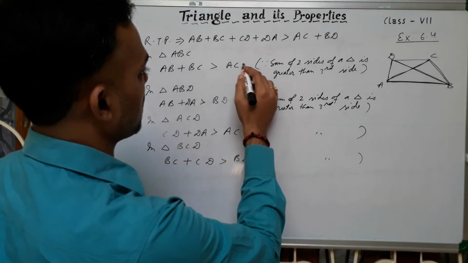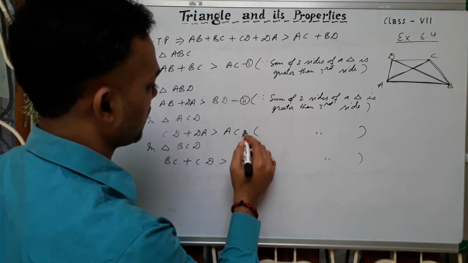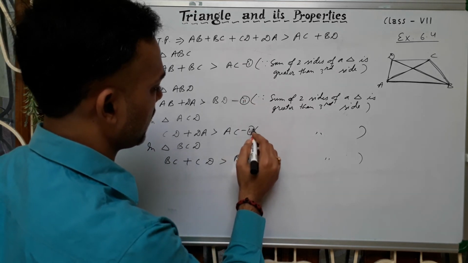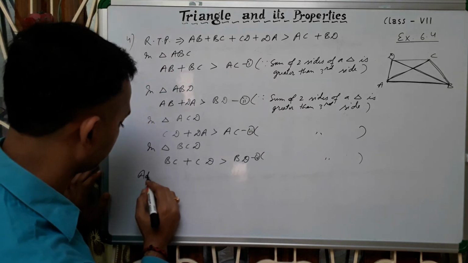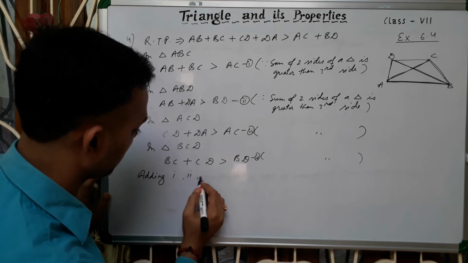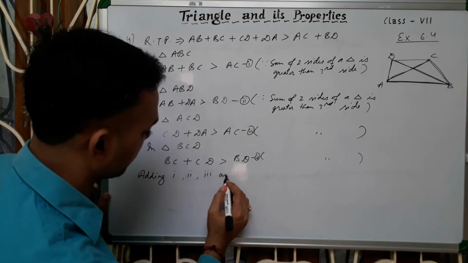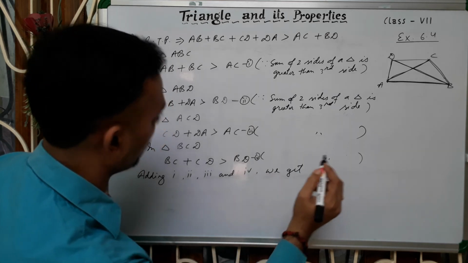Now we will be adding all the four triangle sides. So this was the first one, this was the second one, this was the third one, and this was the fourth one. So adding 1, 2, 3 and 4, let us check what do we get.